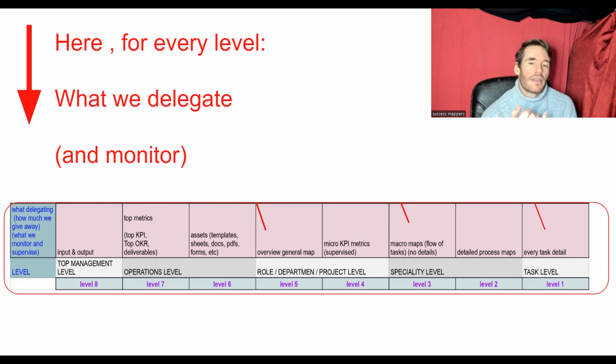If you go to level 6, that is when we introduce operations skills. In that case, the maps will be created by the person that is doing the work. So in that case, you could also, in theory, not necessarily know the process in depth.